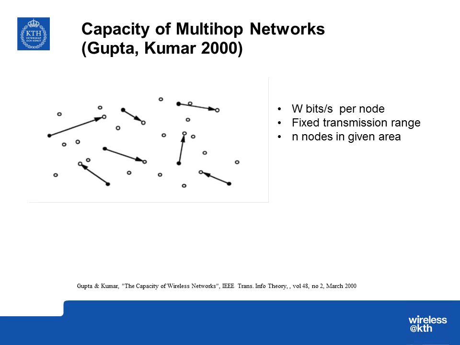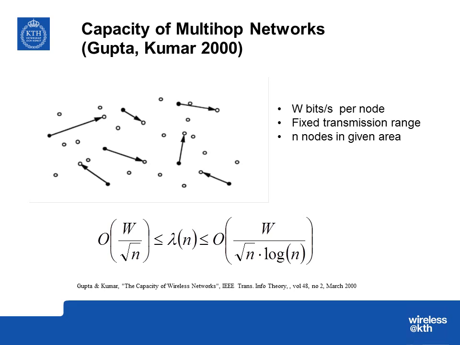What is the capacity that each node can achieve, or what is the maximum packet arrival rate to every node in order to have a stable system? Well, they found this interesting result, that the traffic load per node as a function of n tends to 0 as 1 over the square root of n as the number of nodes increases.